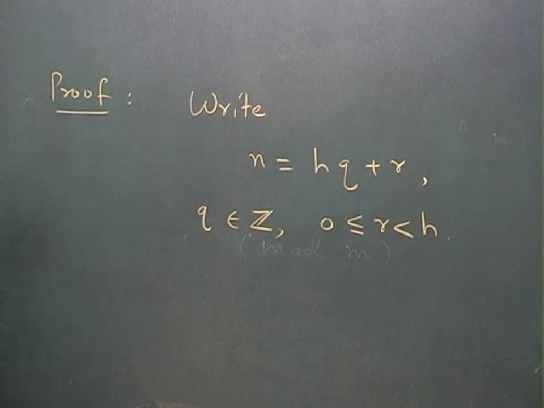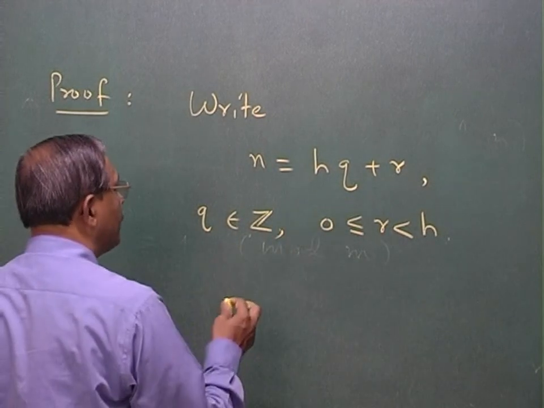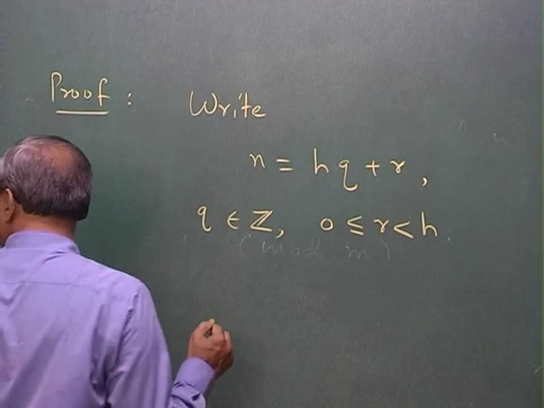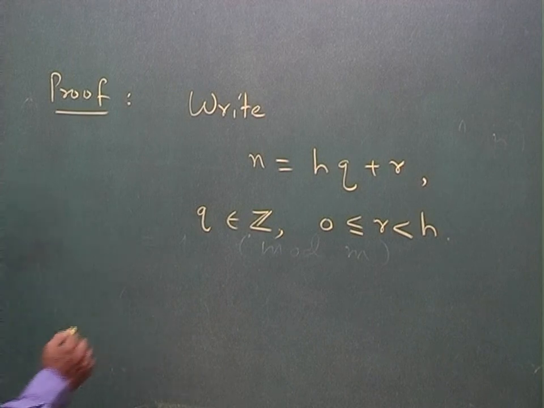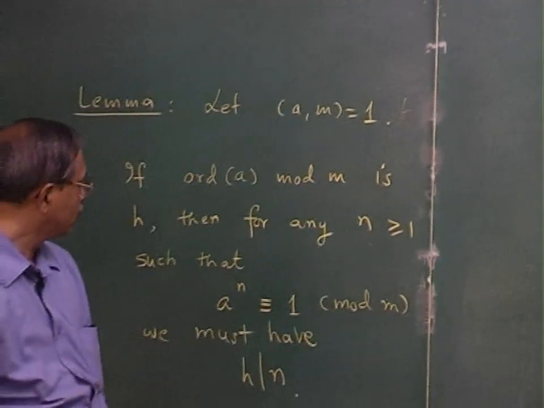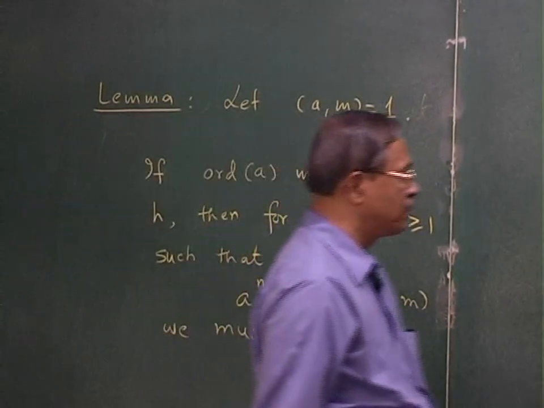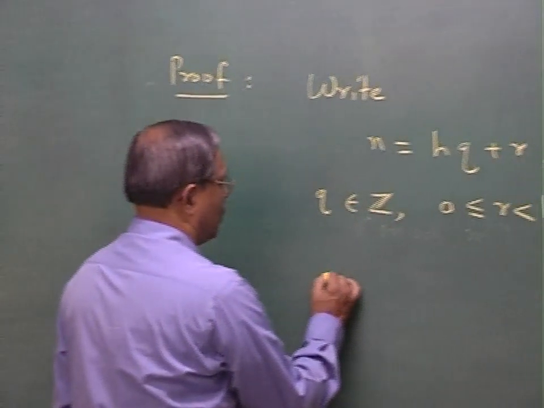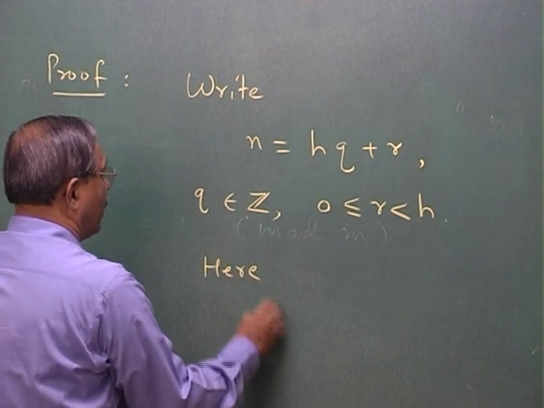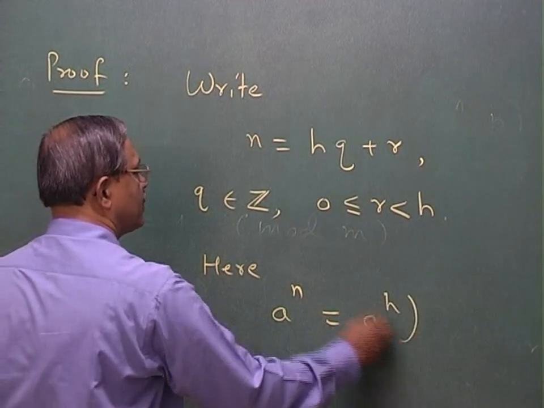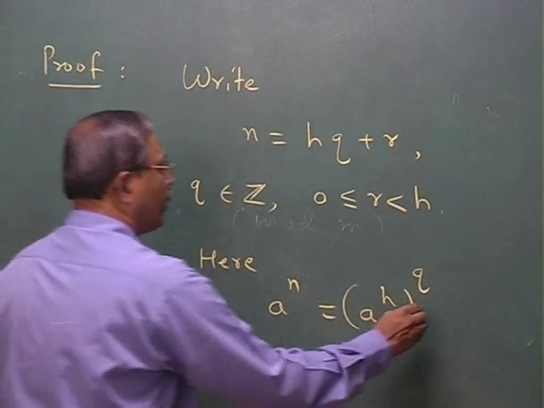So divide n by h, get the quotient, get the remainder. Now n is any positive integer such that A raised to n is congruent to 1 mod m; h must divide n. So A raised to n equals A raised to h raised to q, into A raised to r.